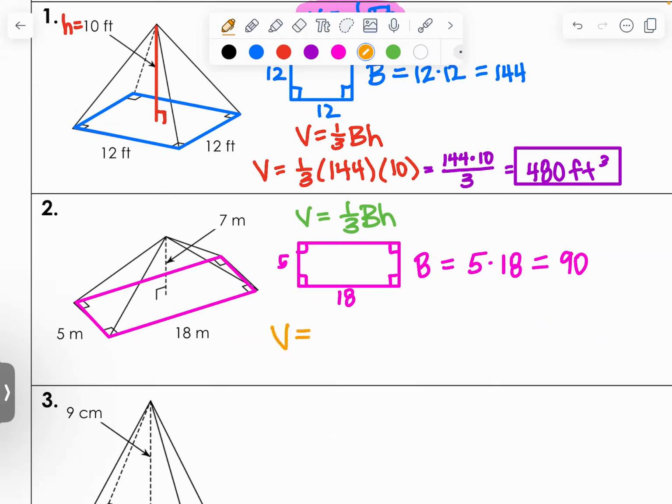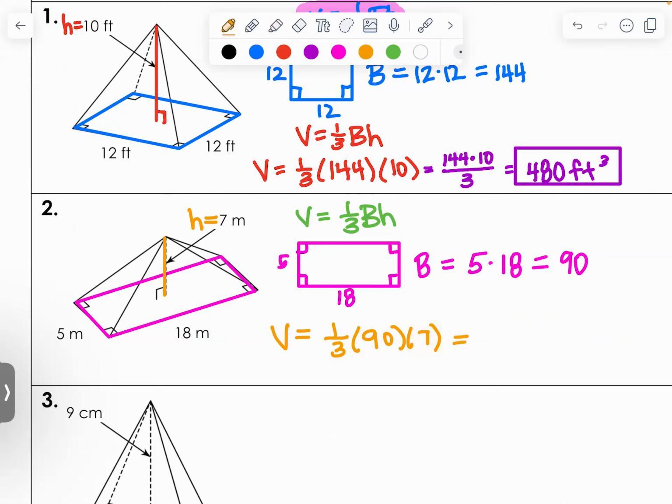Cash asked, would it be 1/3 times 90 times 7? Yes, 7 is the height of our pyramid. So we're going to take 1/3 times the area of our base times the height of our pyramid.